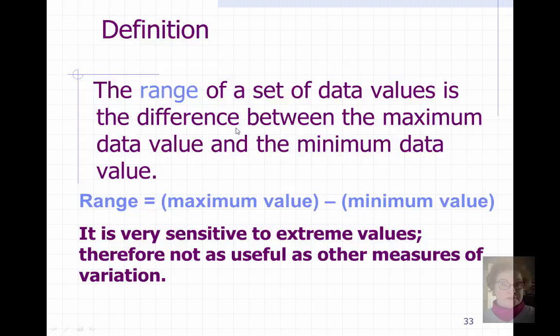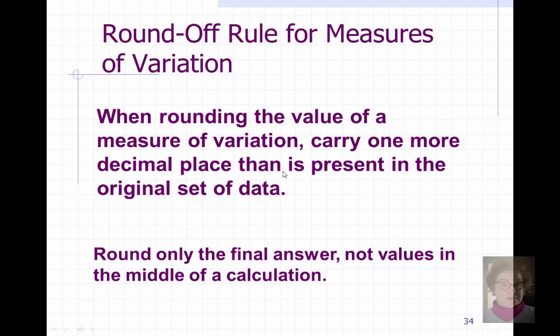They're easy to calculate, but we don't use them very often. Again, we're going to carry our calculated value one more decimal place than the original set of data. When you're doing a series of calculations by hand, it's very important that you do not round in the middle of your calculation.